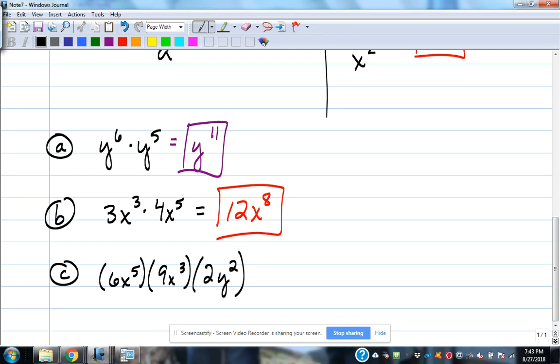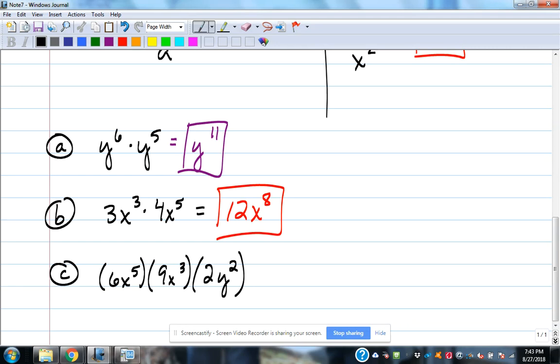We'll spin on this one. What operation is going on between all three of these things? Multiplication. Anytime there are parentheses around everything, it's multiplication. Okay? So, what can be multiplied together here? 6 and 9. Okay? So the 6 and the 9 can be multiplied together. Can the 2 be multiplied times those? Does the number in front even matter as far as the y's and the x's?